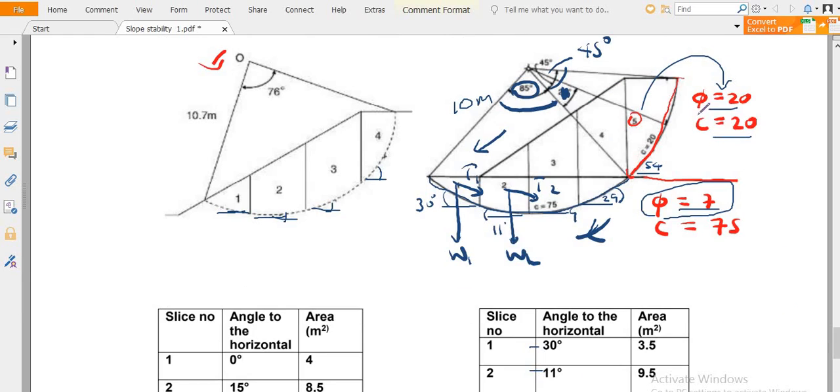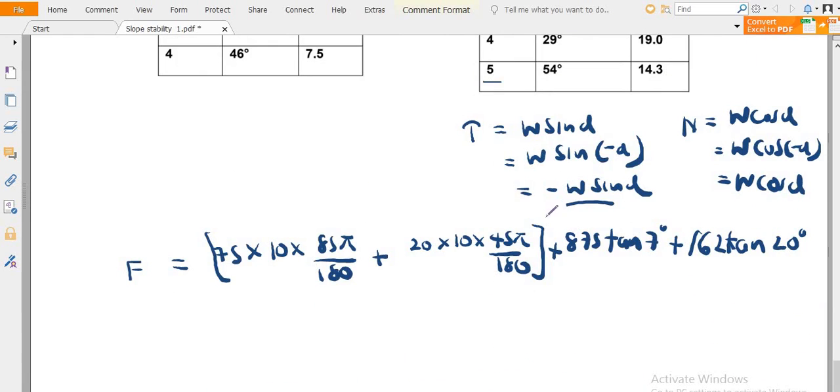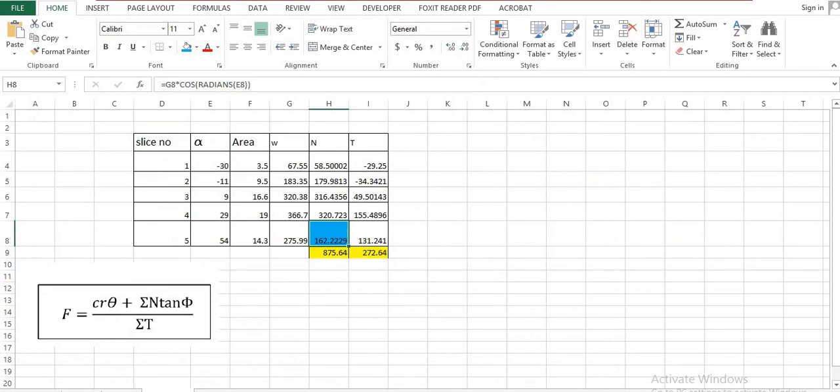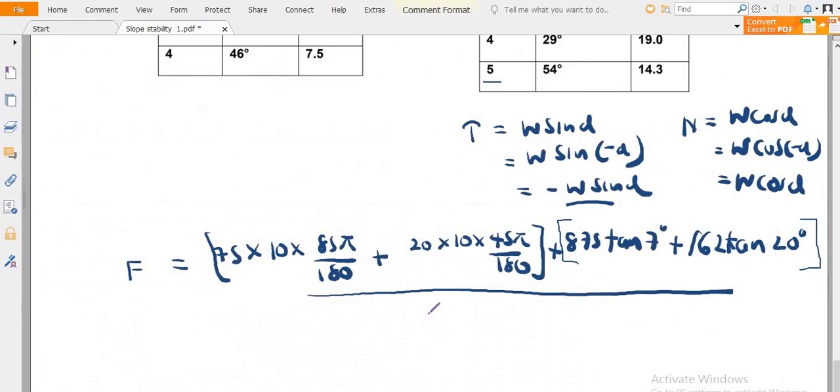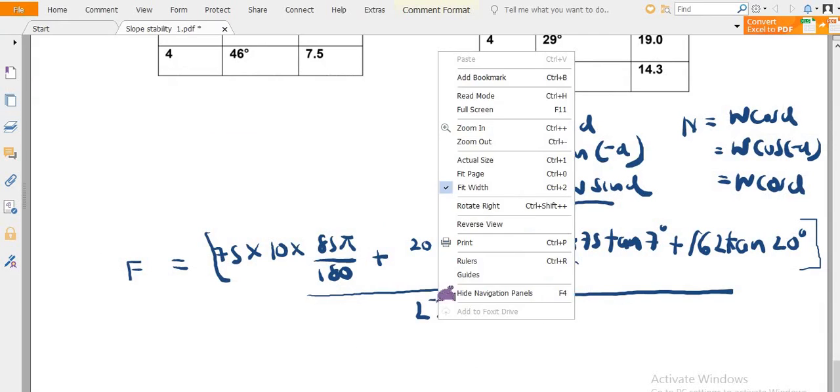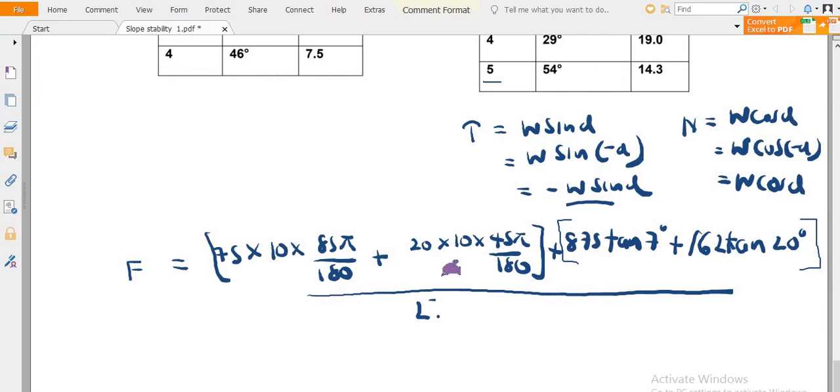So you can see phi value is 20, so that is tan 20. So we have both components, so this should be divided by the total summation of sigma t, that is 272. So by computing this, you will get the factor of safety, right?